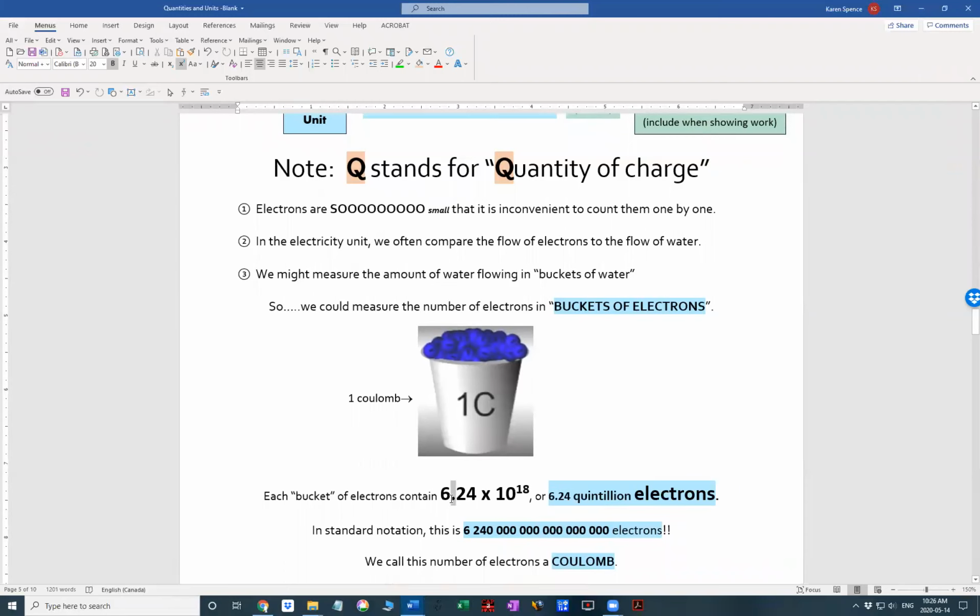So if we start with the decimal place just to the right of the 6, you can watch my cursor move across the screen. We have 6.2, but we're going to move it over 1, 2, 3, 4, 5, 6, 7, 8, 9, 10, 11, 12, 13, 14, 15, 16, 17, 18. That's how many electrons are in a bucket. That's the number of electrons that we call a coulomb.